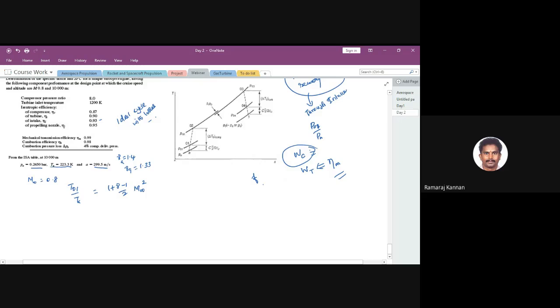That is the gamma value of the hot gas. Now we know your Mach number and your TA value, so we can calculate your P01 value. Any question on that? If you have any questions, please ask me.